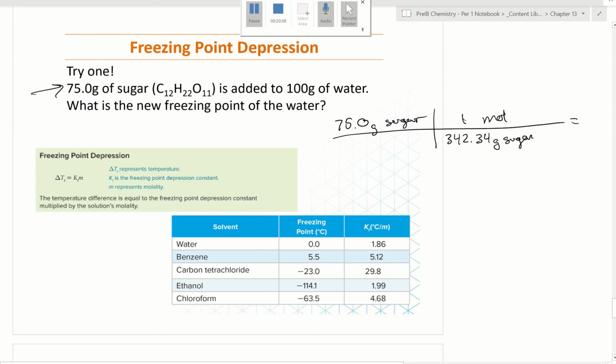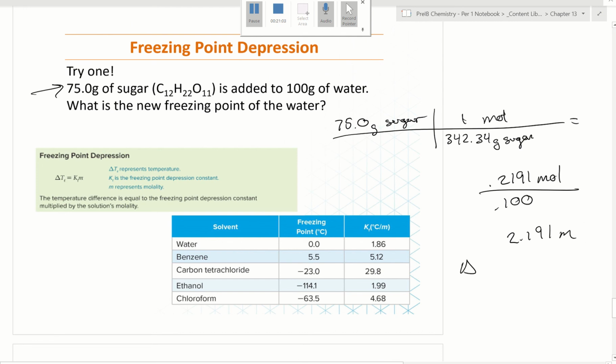So we solve and we get 0.2191 moles. We're going to divide it by 0.100 again, because it's the same amount of water, and I get 2.191 molal. So that's little m.